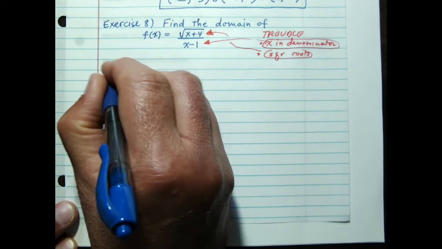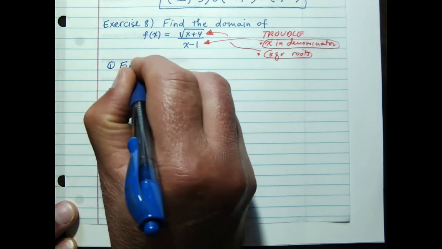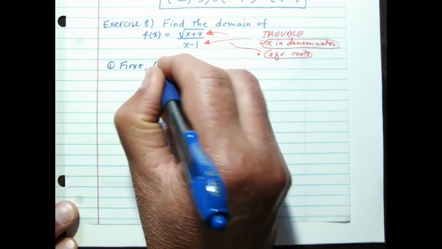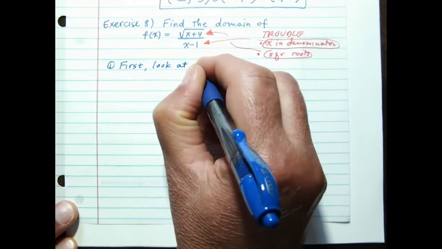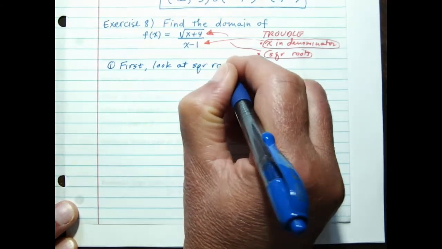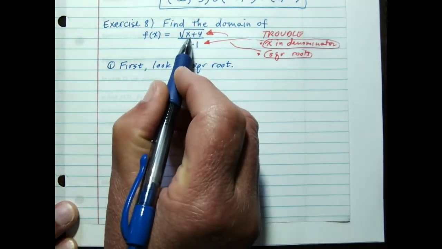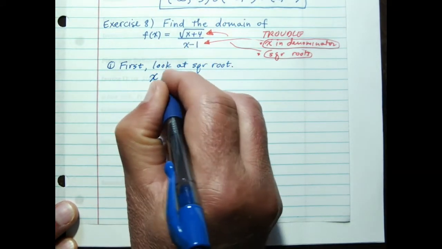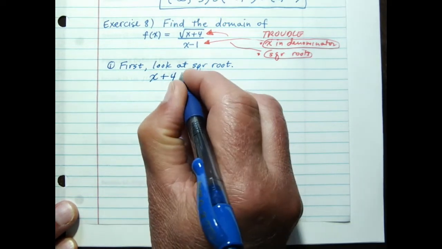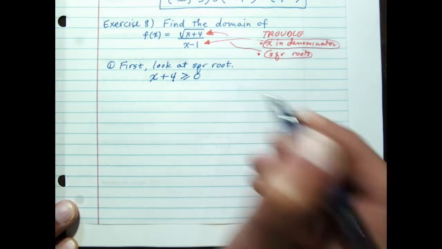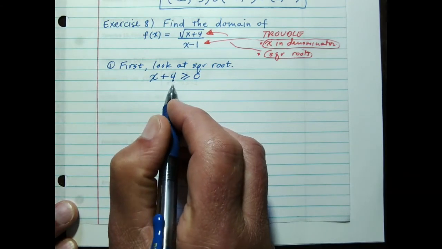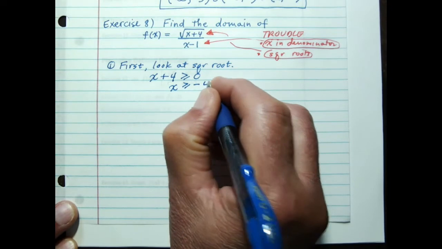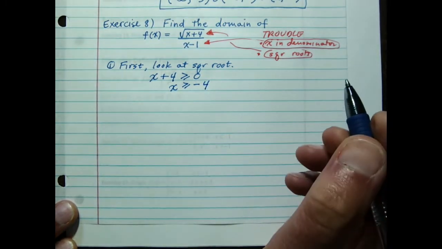So let's just start out first. Let's look at the square root. The square root of x plus 4, the expression inside the square root, has to be greater than or equal to 0. This inequality isn't too hard to solve. It's just x is greater than or equal to -4.